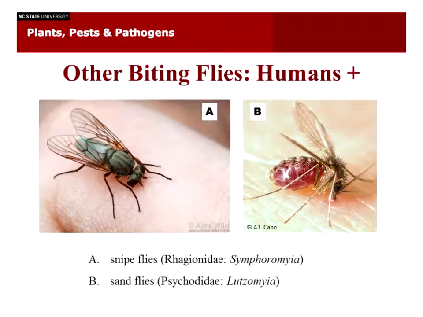These are related to the drain flies or the moth flies that live in your bathrooms. And they do exist in North Carolina, but I have never seen one. They are not common at all. But they do cause diseases, transmit diseases in the tropics, especially some very important ones, including leishmaniasis, which is very deadly in certain areas of the world.